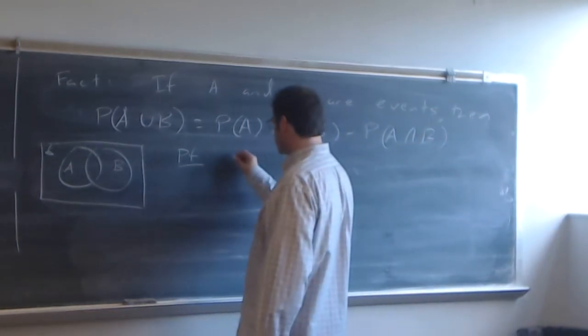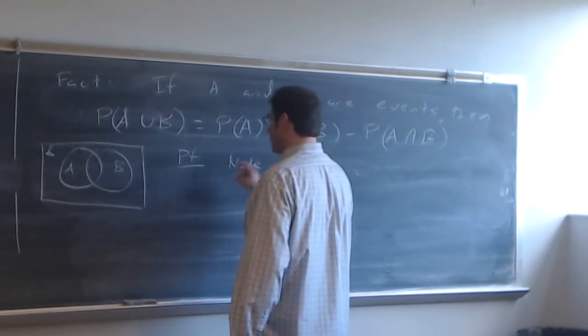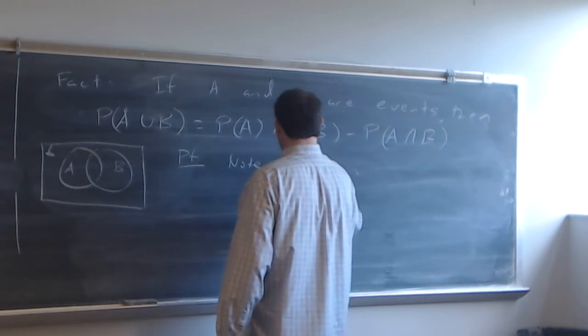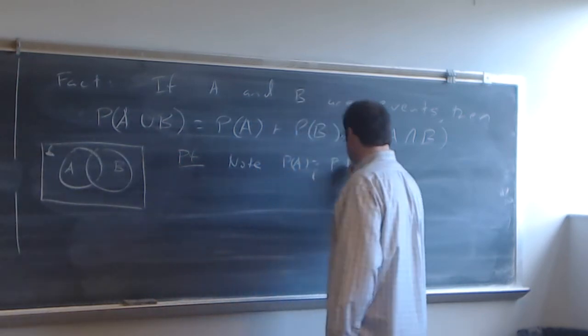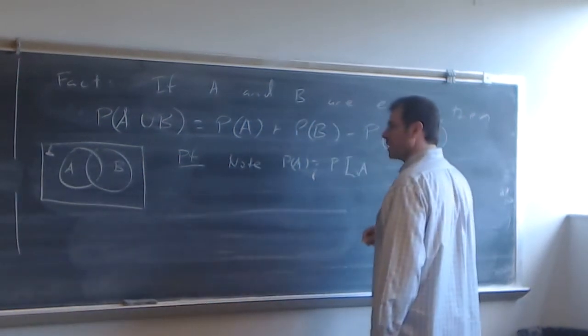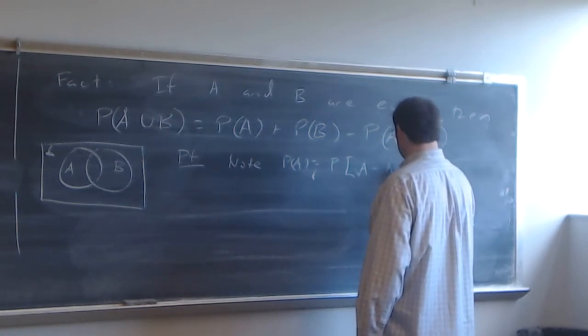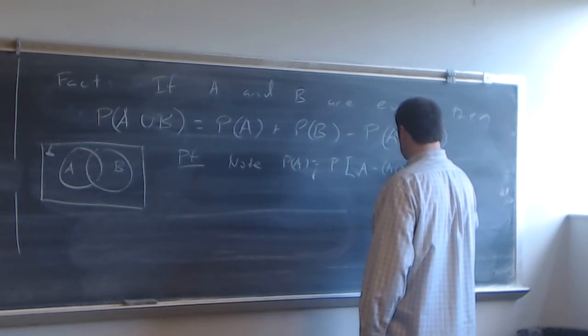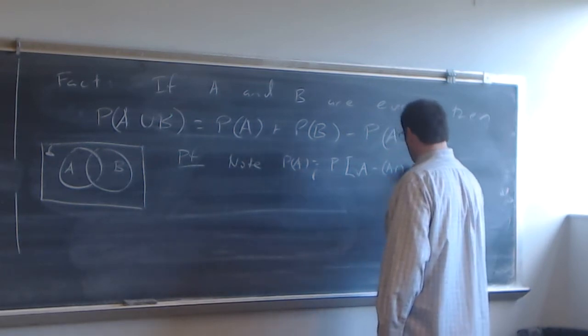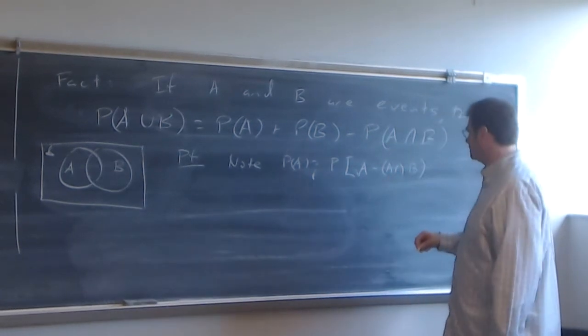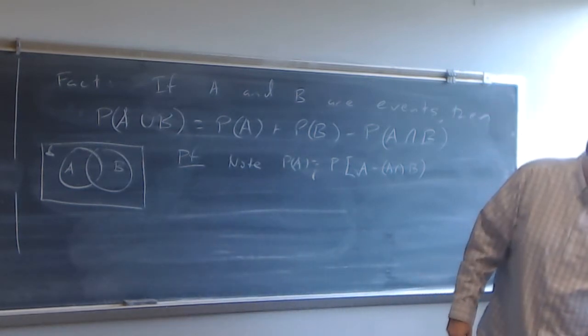So here is a proof. I would like to start off by noting that the probability of A is equal to the probability of A minus A intersect B union A intersect B. So that is a true statement.